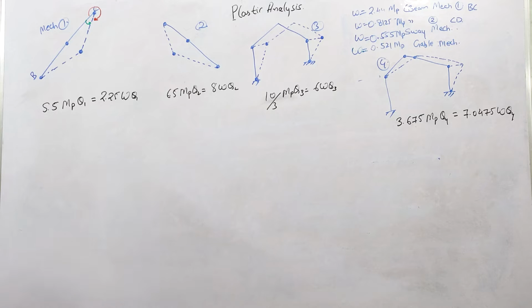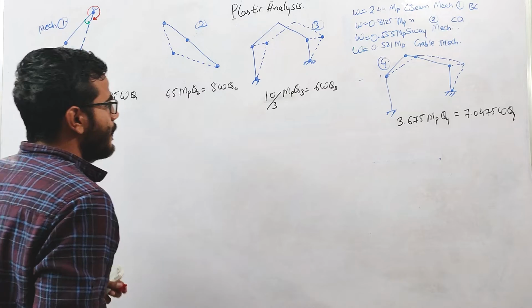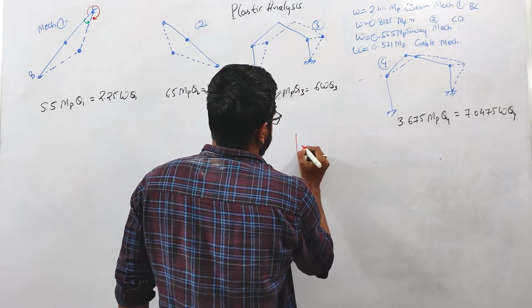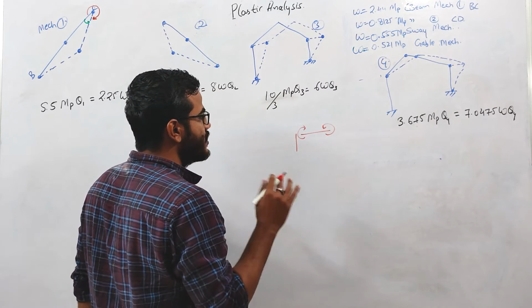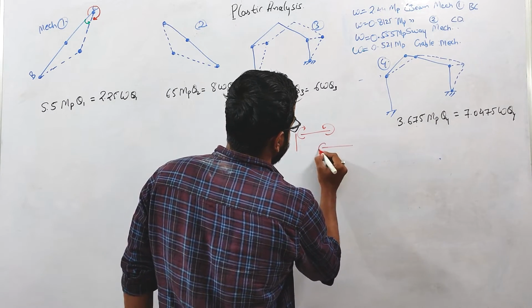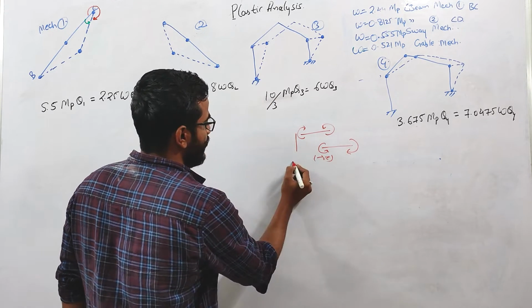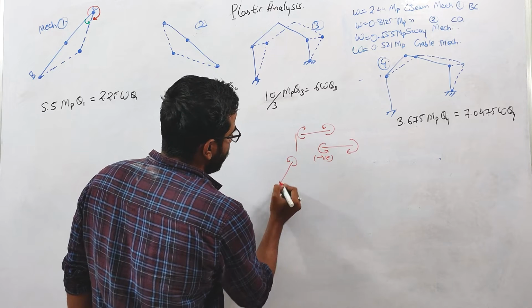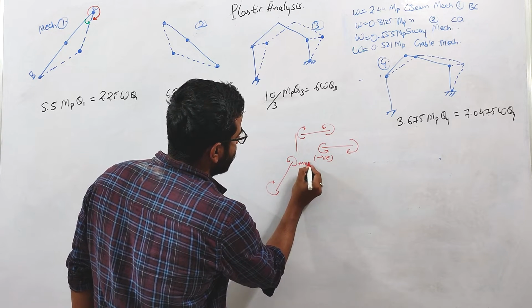Now in the last lecture, we discussed that when a moment is producing compression outside, that rotation will be considered positive. And when the moment is producing compression inside, that rotation we will consider negative. Similarly here, if this moment is producing compression outside, this rotation will be considered positive.